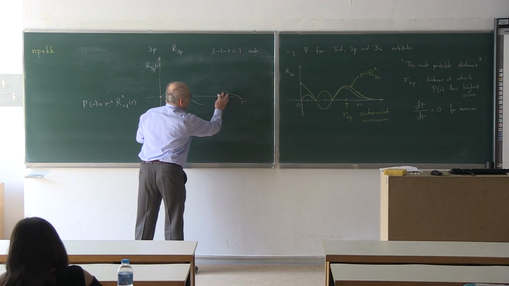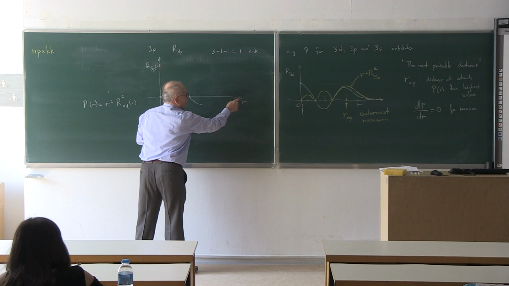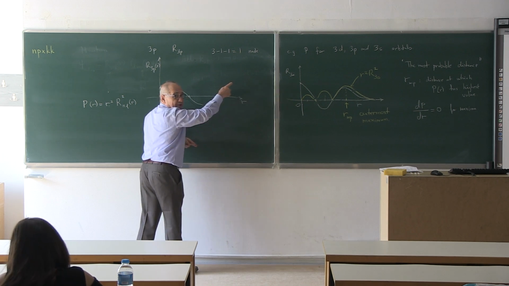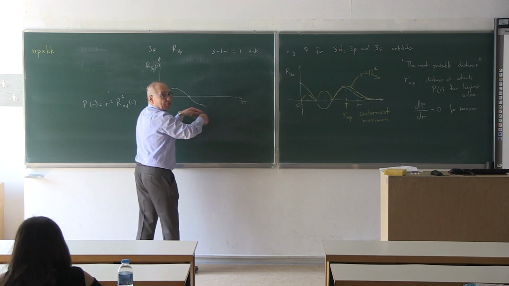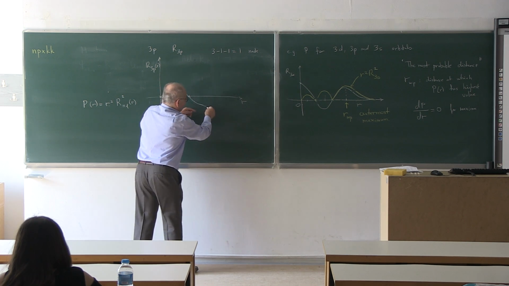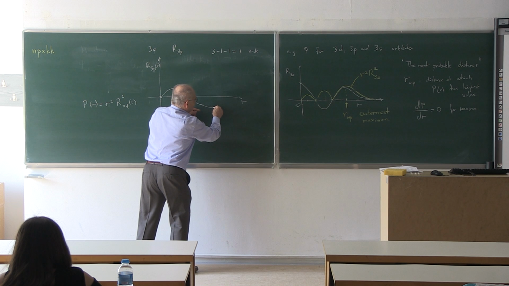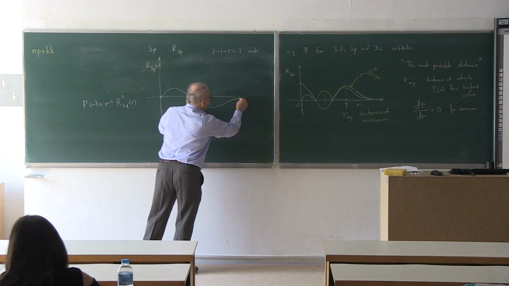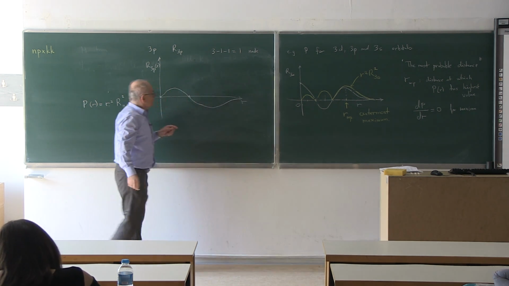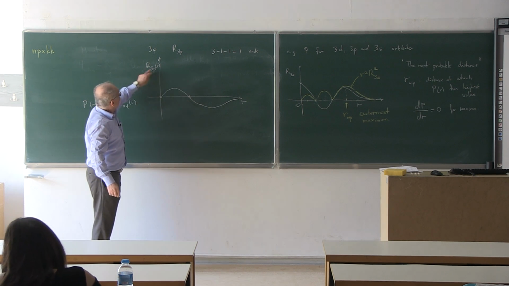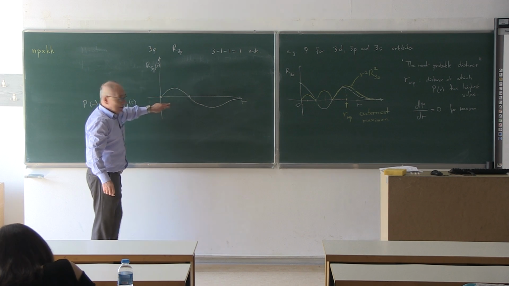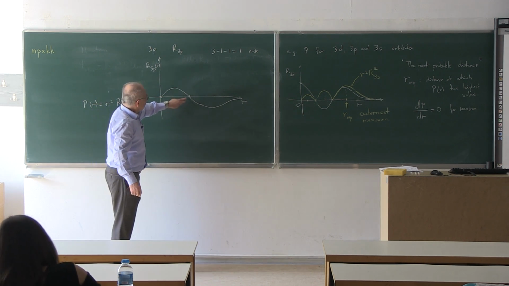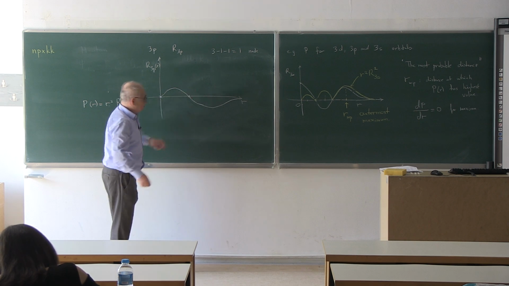Then we know that it has to become 0 at infinity. So how should this curve continue? It should go like that, isn't it? So this is the graph of this 3p radial function as a function of r.